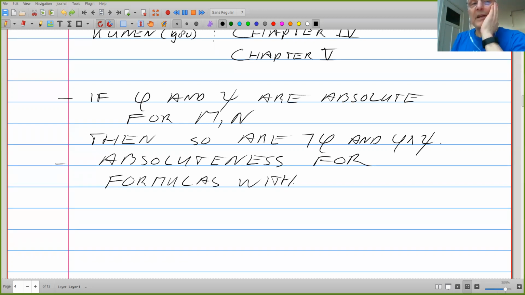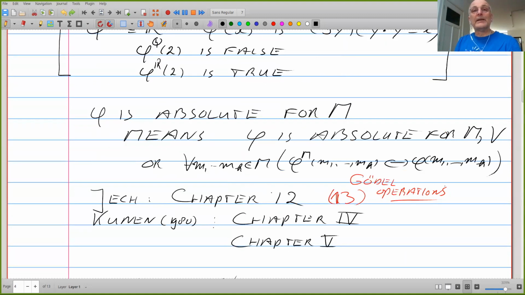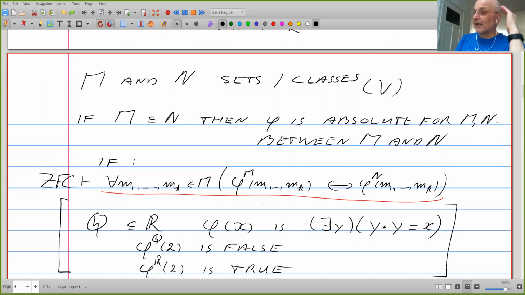if we don't use any quantifiers in our formulas, we get many absolute formulas in this way. And there is no trouble here. The point being that if phi has no quantifiers, then it looks like M1 element of M2 or something like this.